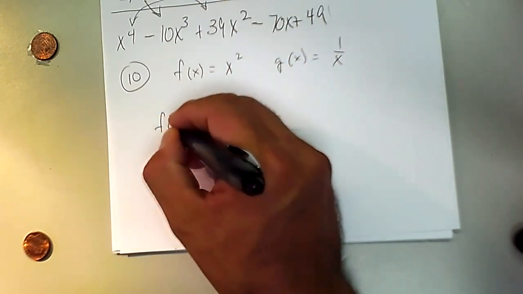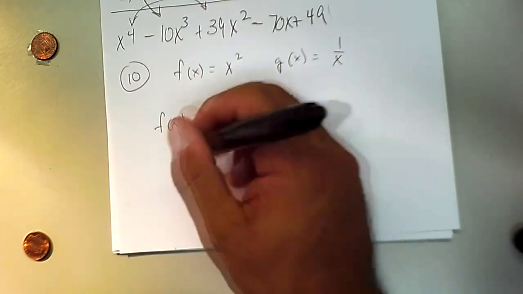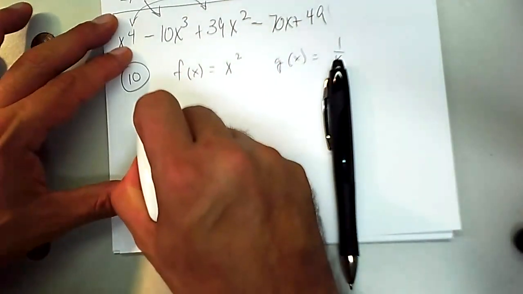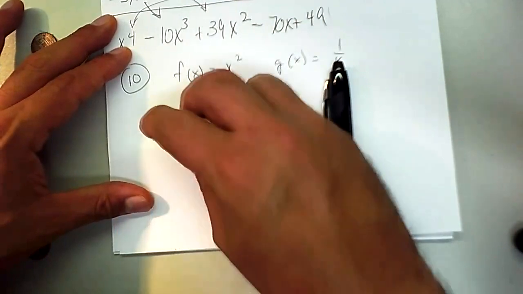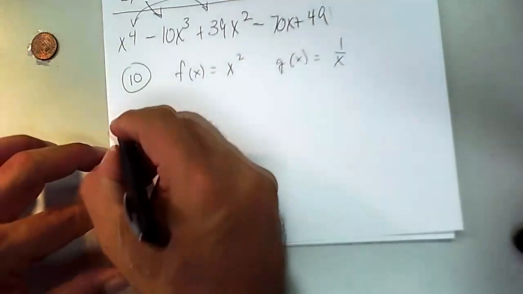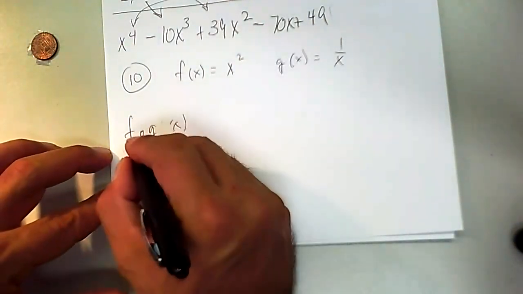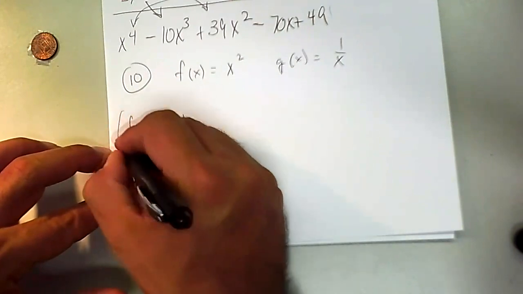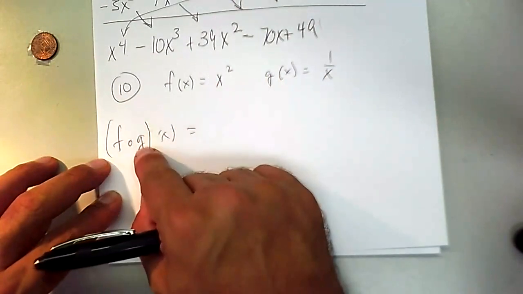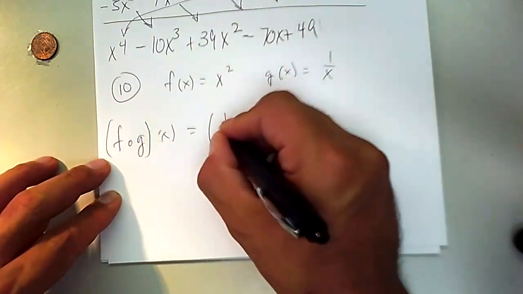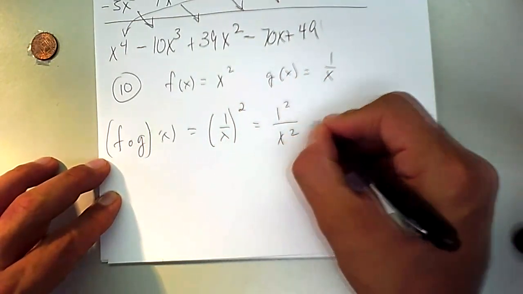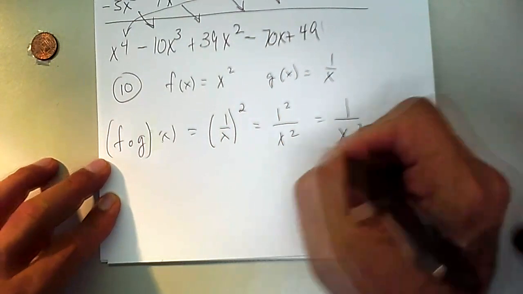So what I meant to say is f of g of x, f composed with g of x, will be, well, square whatever g is. So g is 1 over x, and just square it. And then quite often we distribute, so it is simpler to write 1 over x squared.